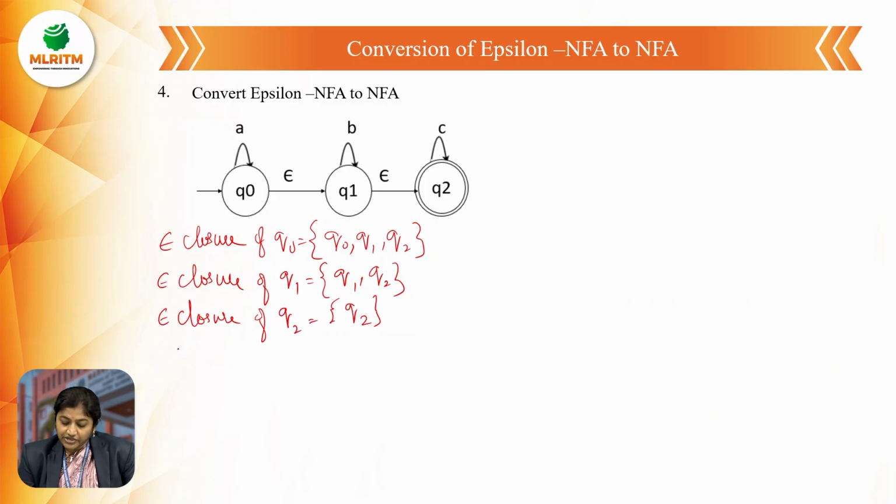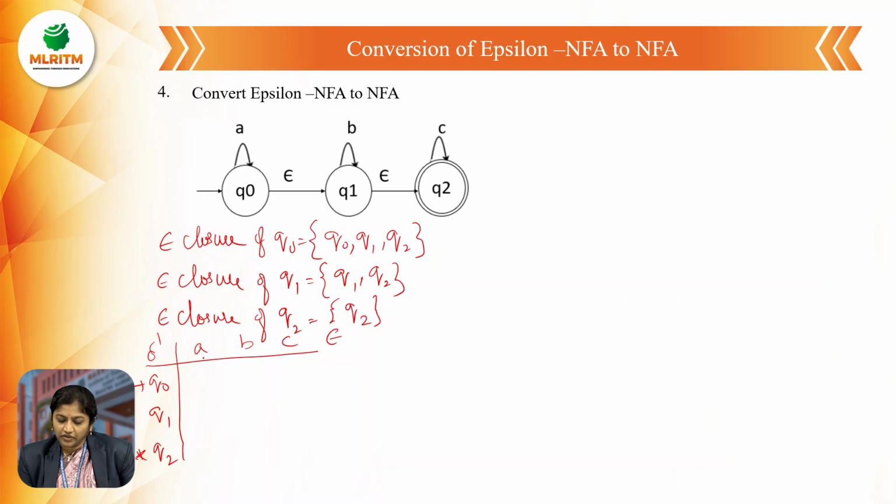Next, first write the transition table of this with the epsilon symbol. So A, B, C with epsilon. Okay, this will take a transition dash. Q naught is a start state, Q1 and Q2 is a final state.